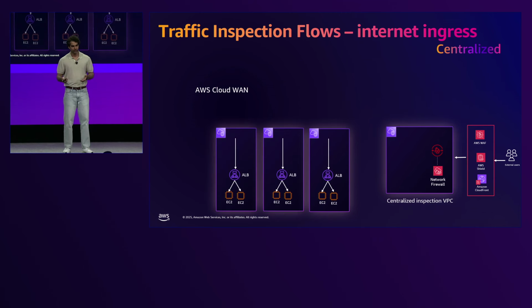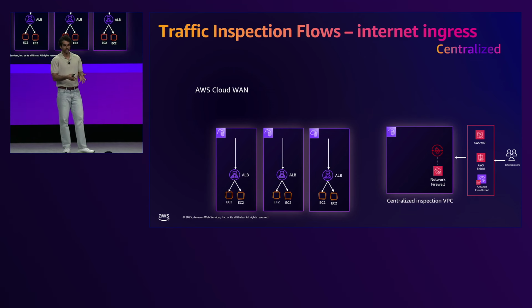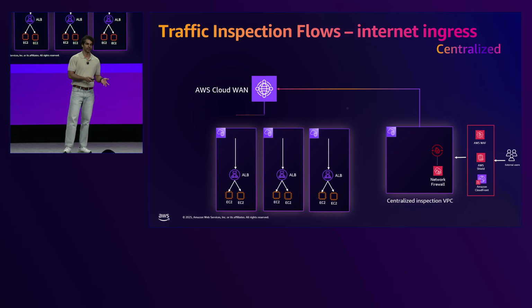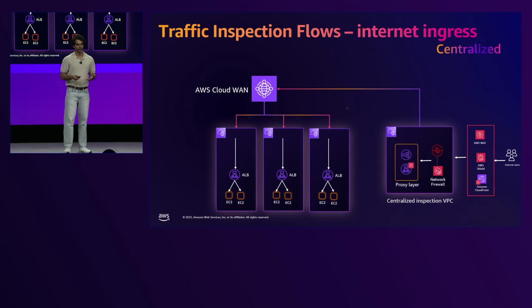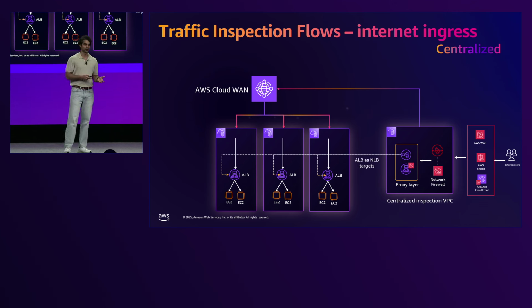But there's another model, which is a centralized internet egress, where I've seen customers trying to centralize their ingress traffic as well. So one instance of network firewall, one instance of WAF, and then route traffic to the application VPCs. Well, this doesn't really work very well because in order to do this, you have to put a proxy layer which has to intercept all the ingress traffic, and then route it back to your application hosts.